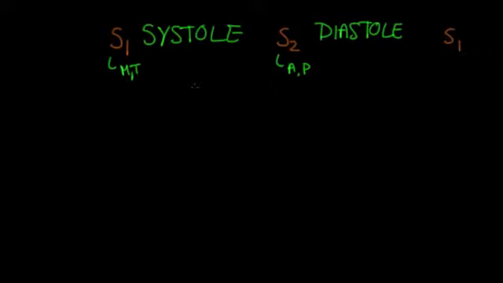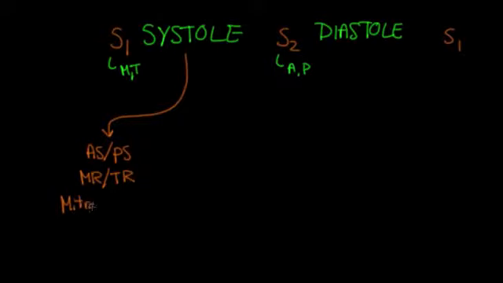Now, murmurs can occur between S1 and S2, and these would be systolic murmurs. These would be things like aortic stenosis or pulmonic stenosis, mitral regurgitation, or tricuspid regurgitation. And one other thing that doesn't necessarily cause a murmur, but can be accompanied by mitral regurgitation, would be something like mitral valve prolapse.